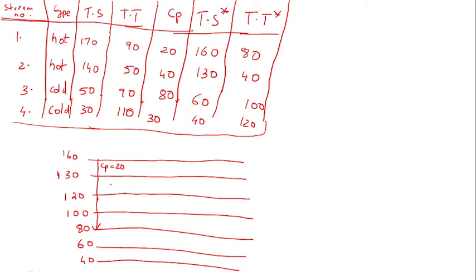Next, for stream 2, cooling takes place from 130 to 40. So this is stream 2, and its Cp value is 40.